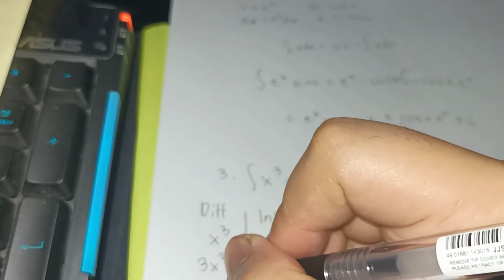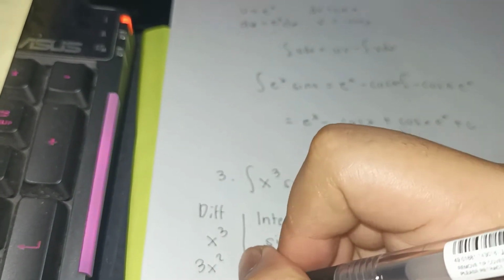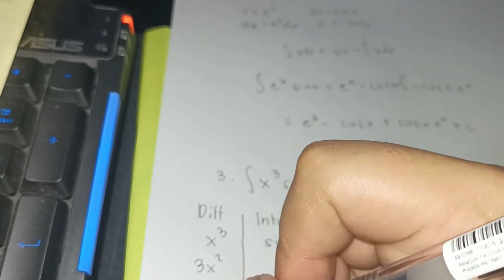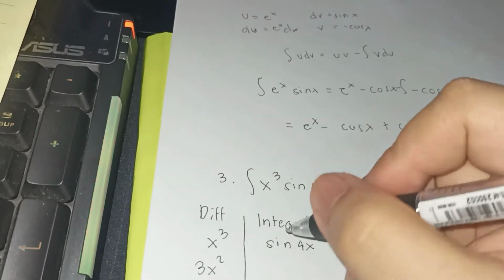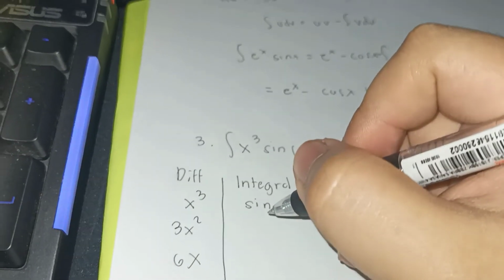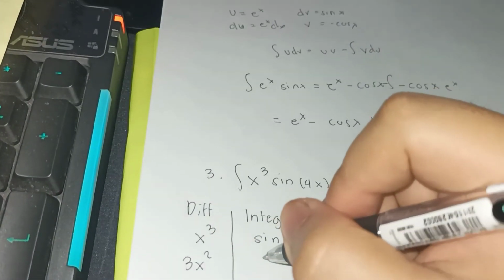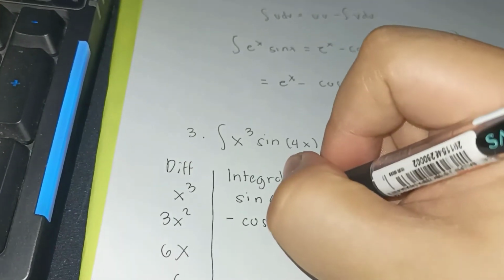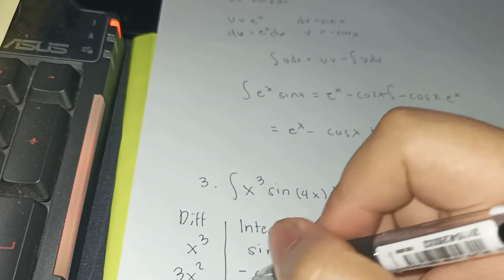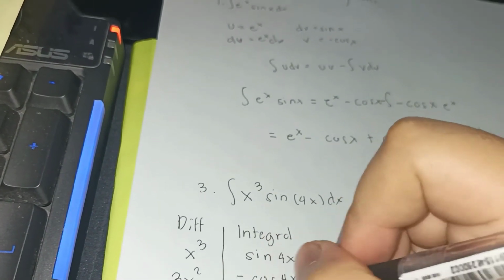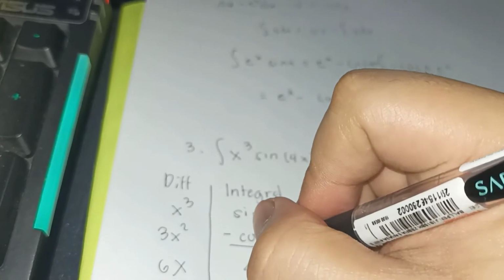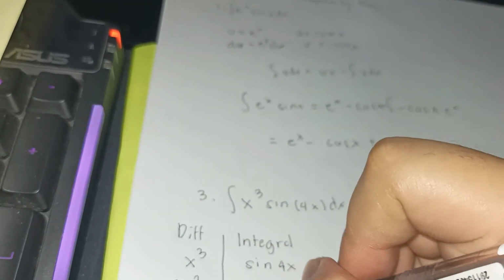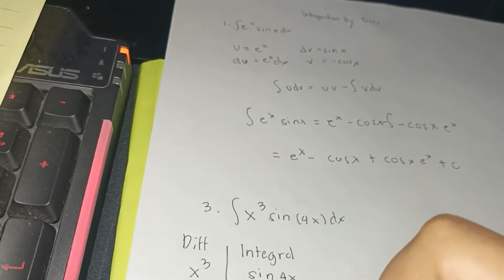I'm just going to focus here for a while. Then the derivative 6x, and then the derivative 6, and then 0. While here, the integral of sine 4x becomes negative cosine 4x divided by 4. Then it becomes again sine 4x, with 4 times 4 multiplied and it becomes 16.